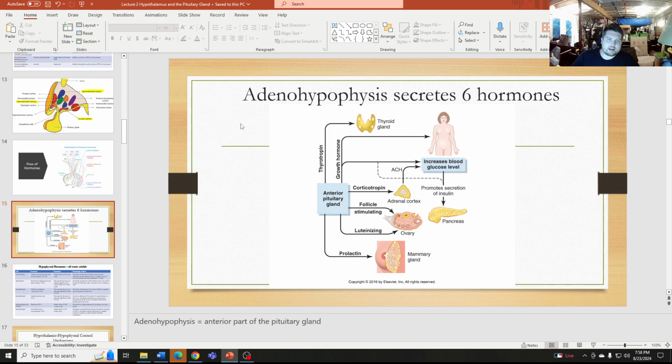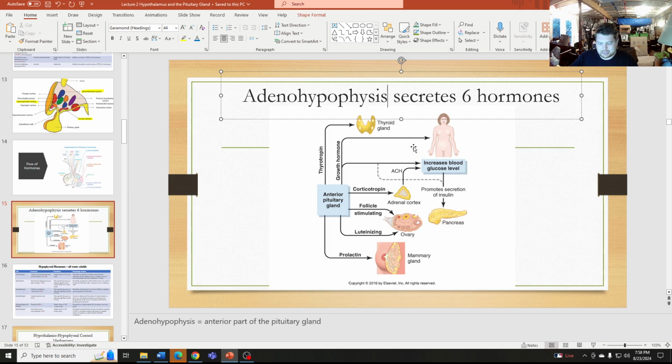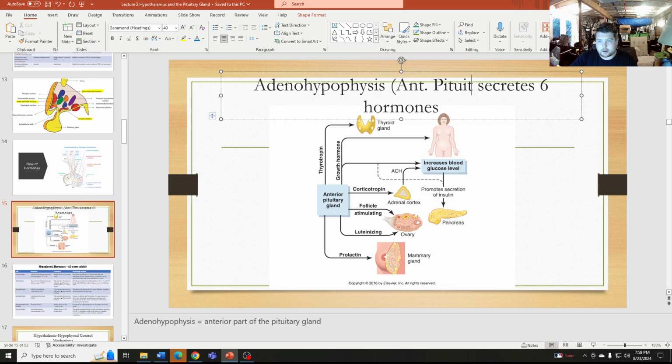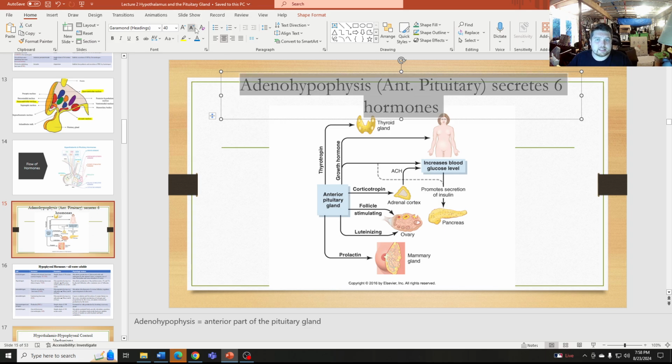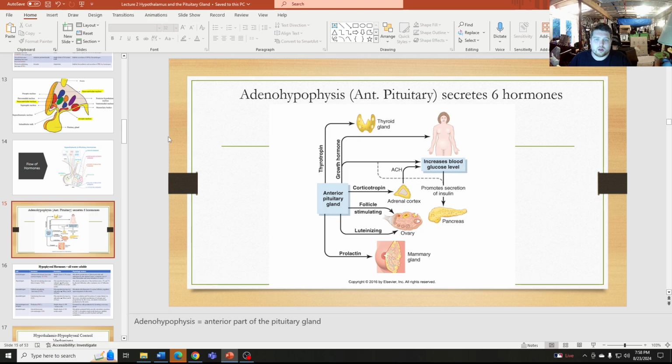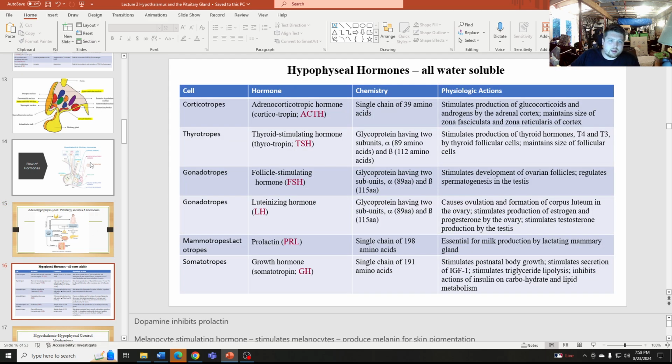Okay, right now we're going to focus on the anterior pituitary. So again, the adenohypophysis is the anterior pituitary gland. And that is going to secrete 6 individual hormones. And here they are.